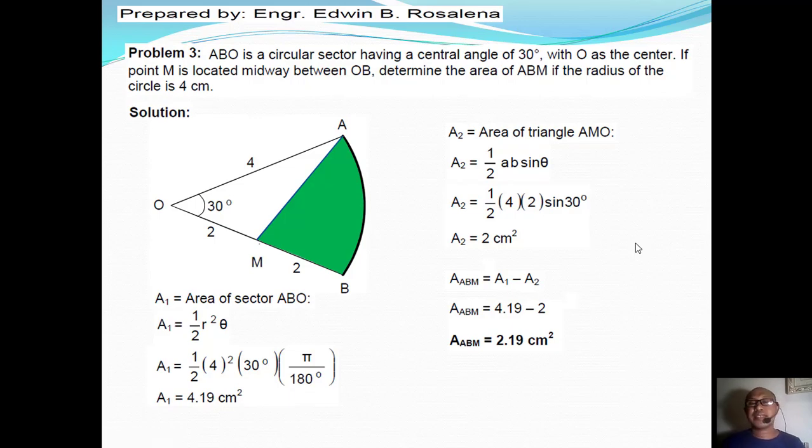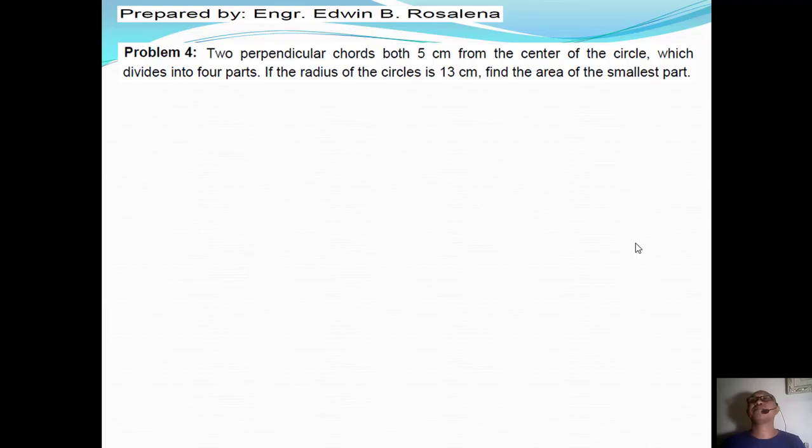Okay? Problem 4. Two perpendicular chords, both 5 centimeters from the center of the circle, divide the circle into 4 parts.